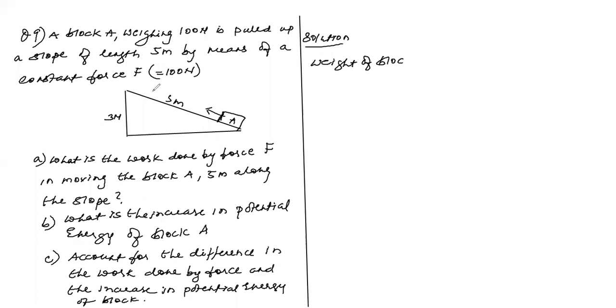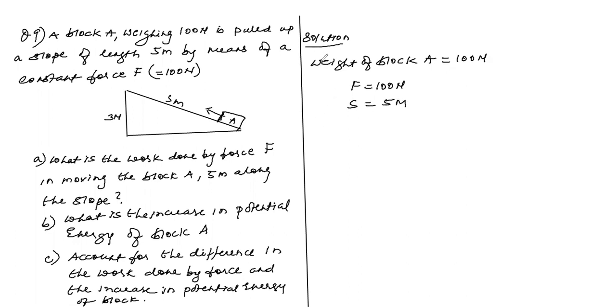By means of a constant force F of 100 Newton. See, if the weight is 100 Newton, the minimum force to be applied will be 100 Newton only. Got it? So the weight of block A is 100 Newton, and the force applied is 100 Newton. And it moves a distance of 5 meters on top.